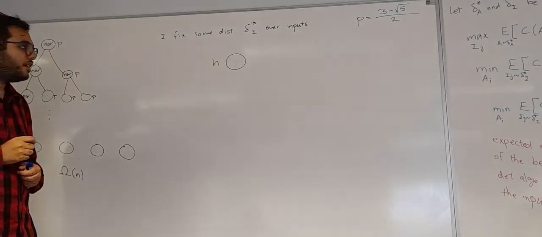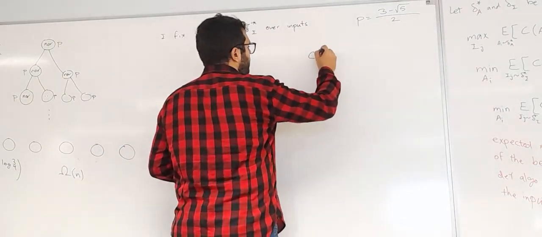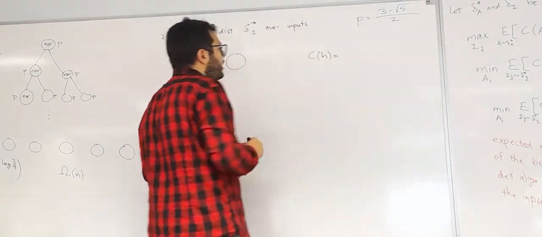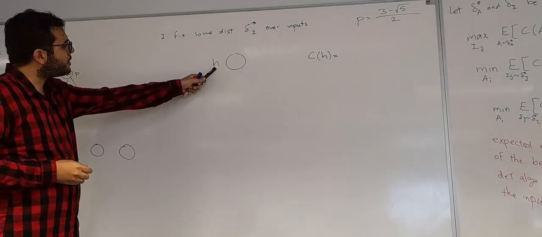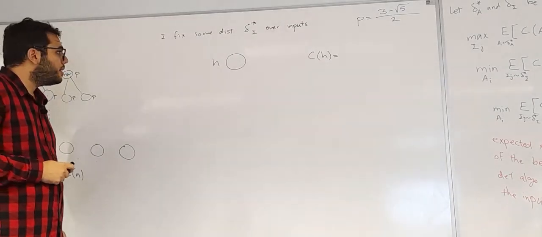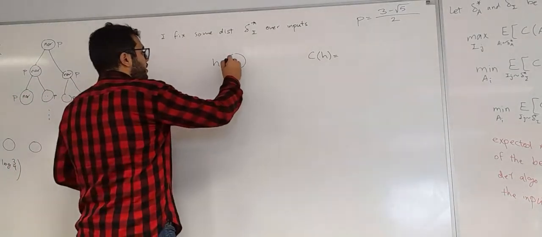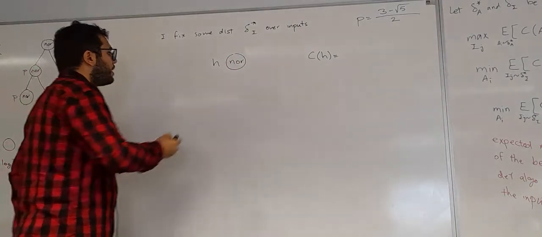Let me call it C of h, the expected cost of finding the value of a node that is at height h. So this is a NOR. What does the deterministic algorithm do?